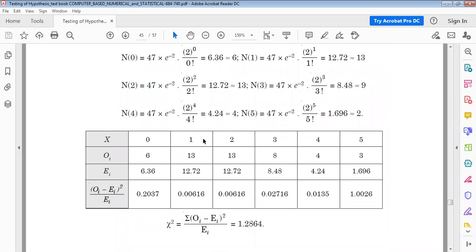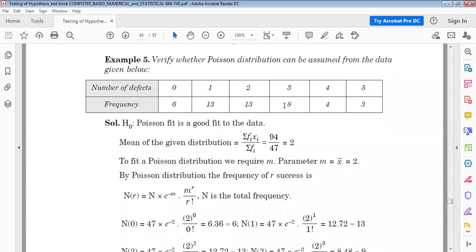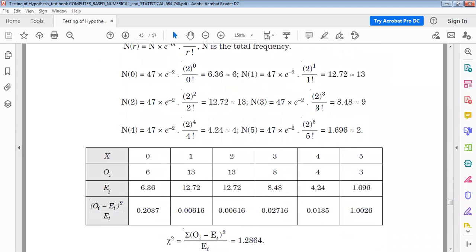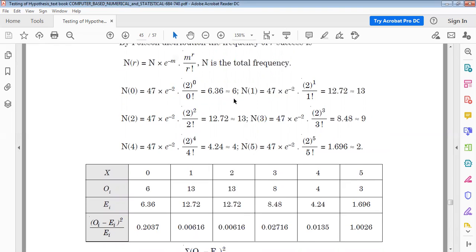Now this is the x value, the sample, and this is the observed frequencies given in the second row. Ei is the expected frequency. For 0 it is 6.36.